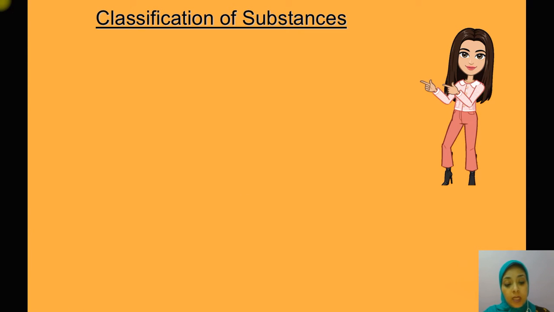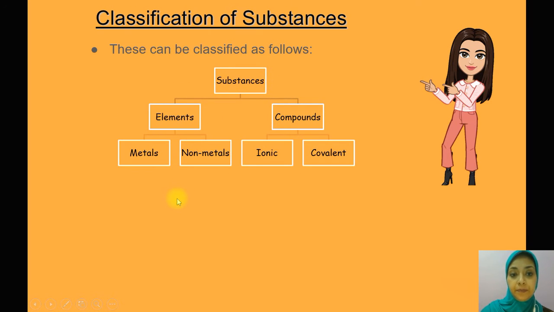Okay, the substances or the objects can be divided into two main classes, elements and compounds. And the elements could be divided into metals and non-metals. For example, if we have carbon, how can we classify the carbon as a metal or non-metal?